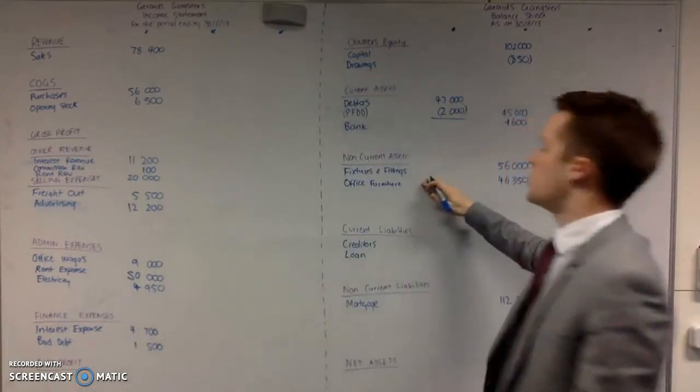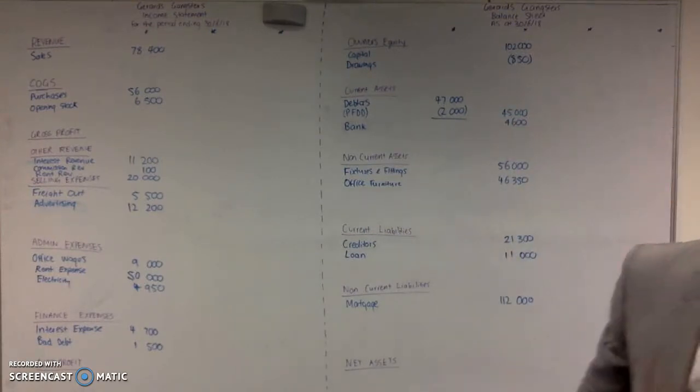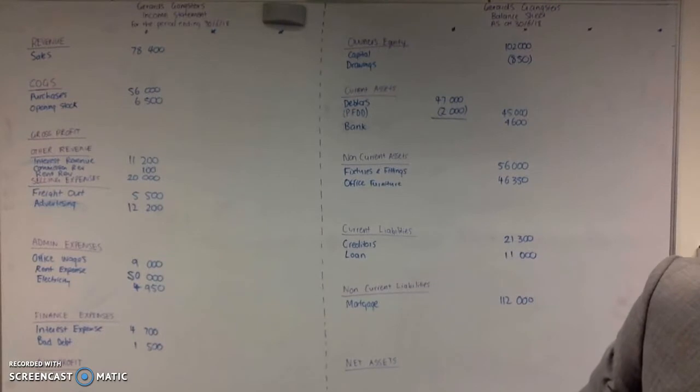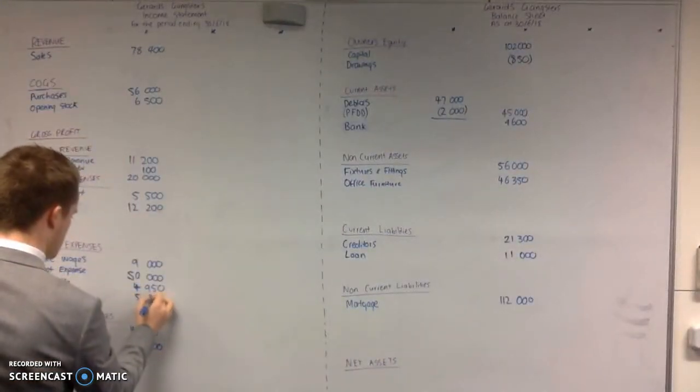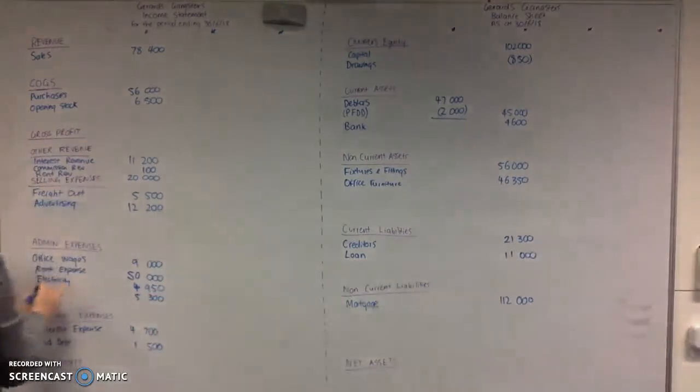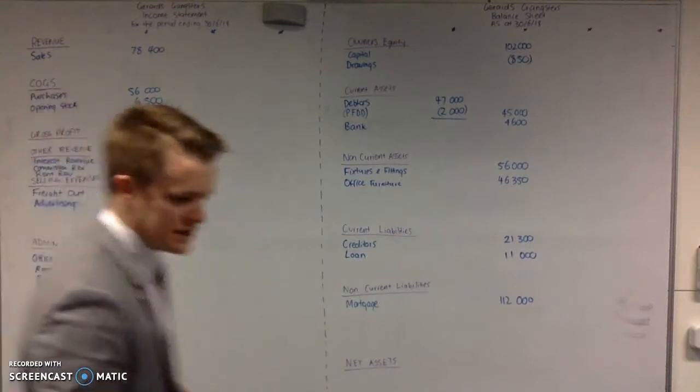Again, no accumulated depreciation here on this asset, so it goes into the second column. Telephone expense, 5,300. Admin expense.